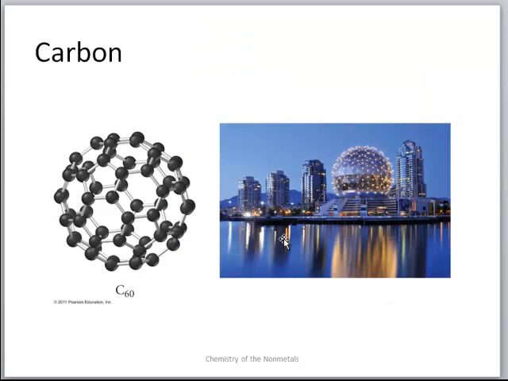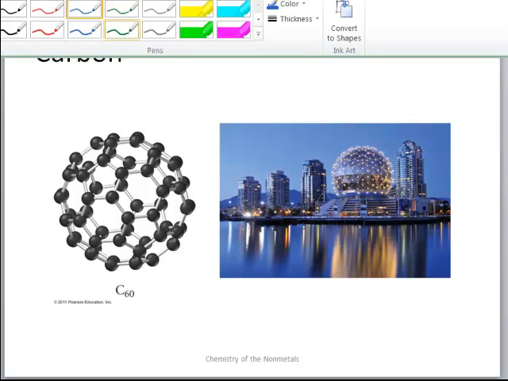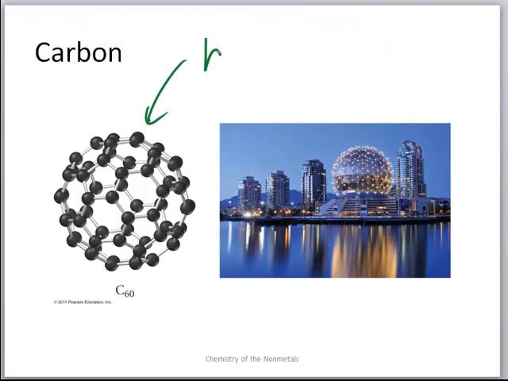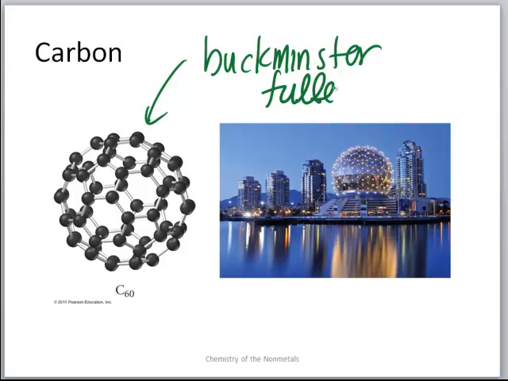Additionally, carbon atoms can come in various forms that have a lot of different chemistries. Here is an example of the Buckminster fullerene, a carbon molecule in which 60 carbon atoms are bonded in sp2 hybridization form to make this spherical structure.